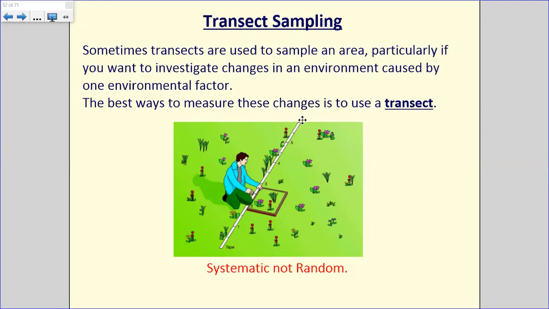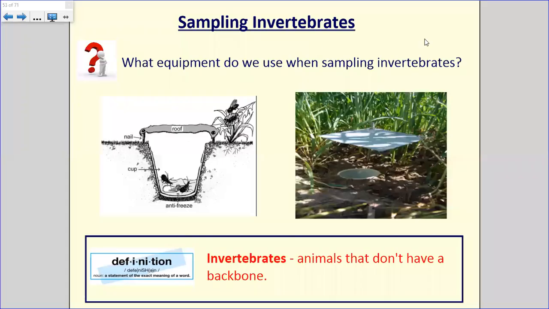And that's usually carried out when you're looking to see the effect of one particular environmental factor on the abundance of a particular plant. So, for example, you might be looking at the effect of moisture, or light, or pH on a particular plant. Okay, so that's sampling of plants using a quadrat.